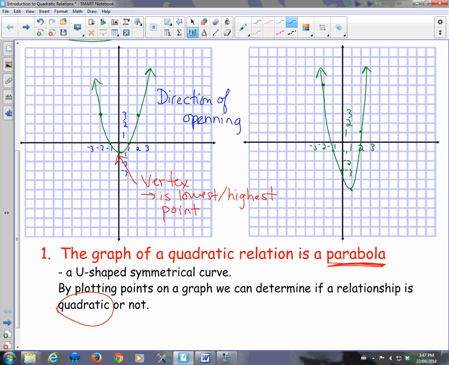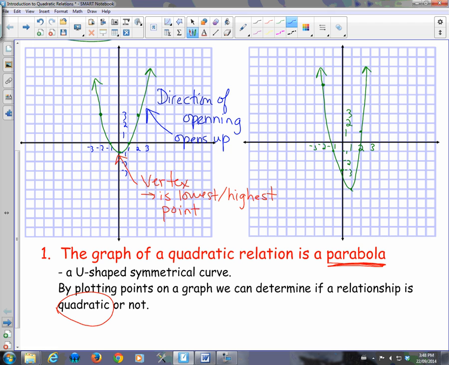This parabola opens up. So direction of opening and vertex are two terms that go along with a parabola, a quadratic relation.